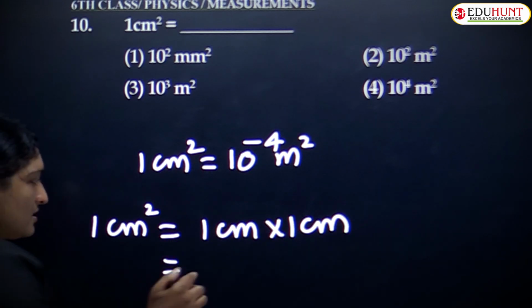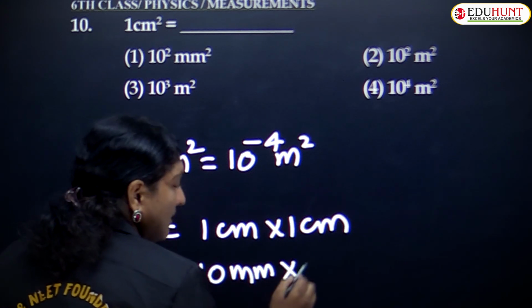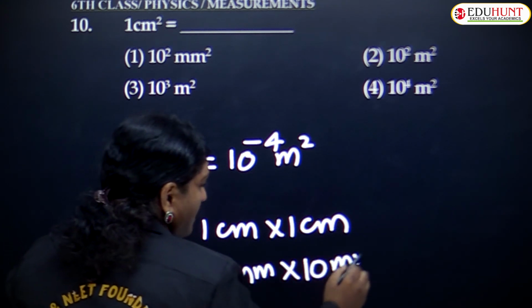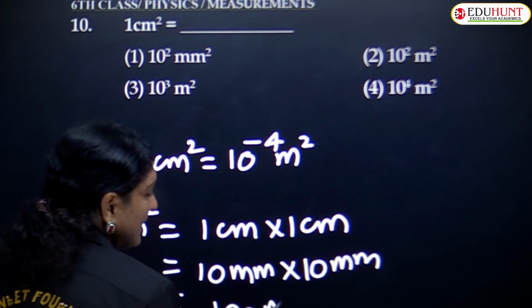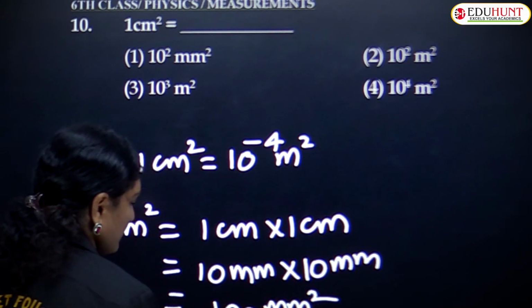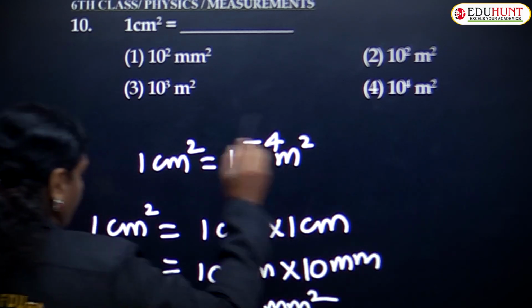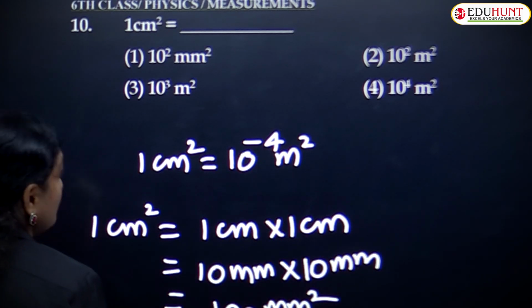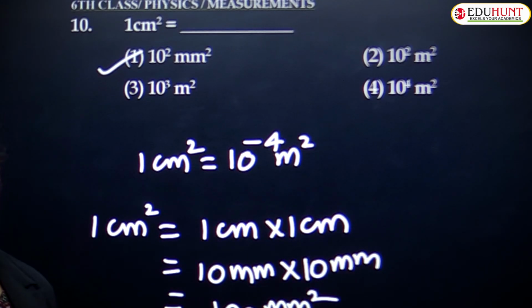So, 1 centimeter I can write as 10 millimeters, again 10 millimeters. All together it is 10 into 10, which is 100 millimeters square, nothing but 10 square millimeters square. So clearly, 1 centimeter square is equal to 10 square millimeter square. Okay children?